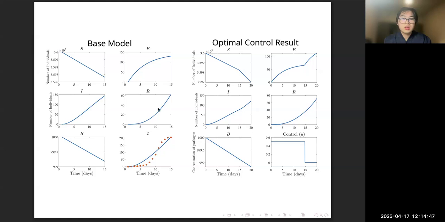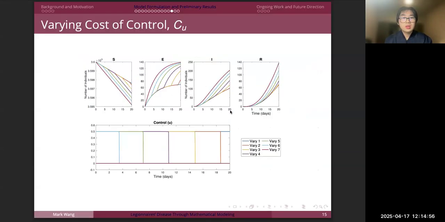You can see this is a general trend for the infected population as well. We're pretty happy about this as we managed to get some significant management results. After that, we also wanted to understand how changing some variables around might affect our control problem.